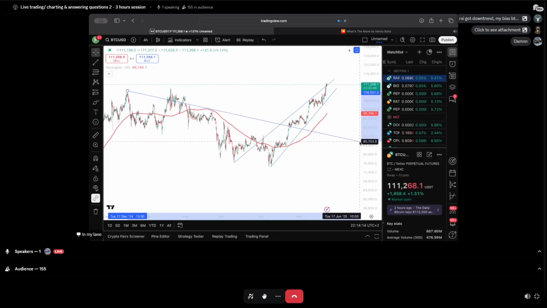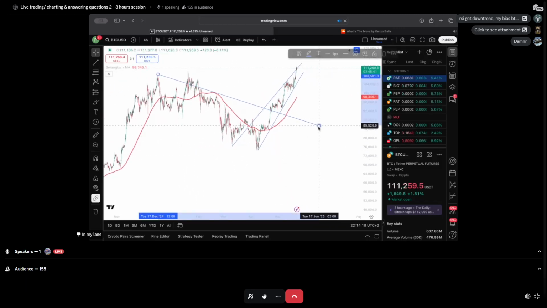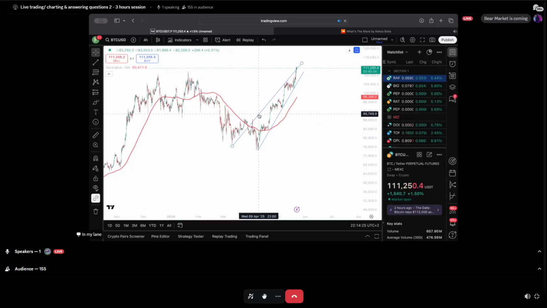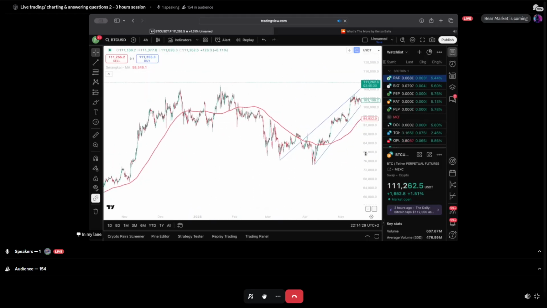But if you think this should be fun, it's not. You have to look at every point of the chart and think for yourself also.